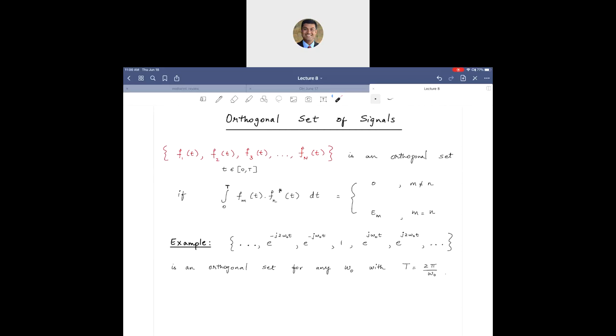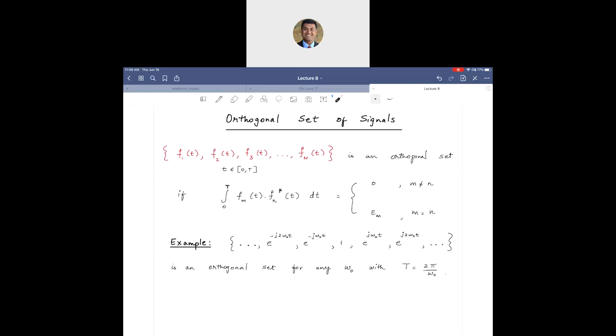What is it? A set of functions written up in red over here, f sub 1, f2, f3, and so on up to f sub capital N, are all a set of orthogonal functions, also called an orthogonal set, if it obeys this property.